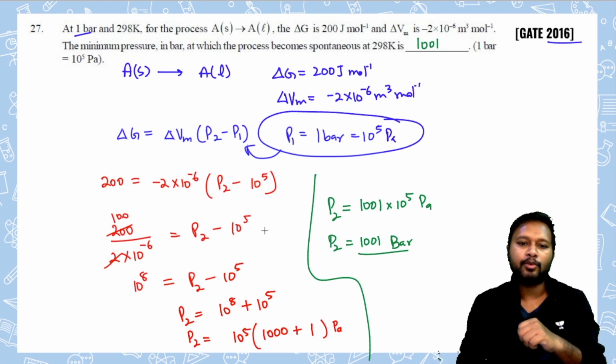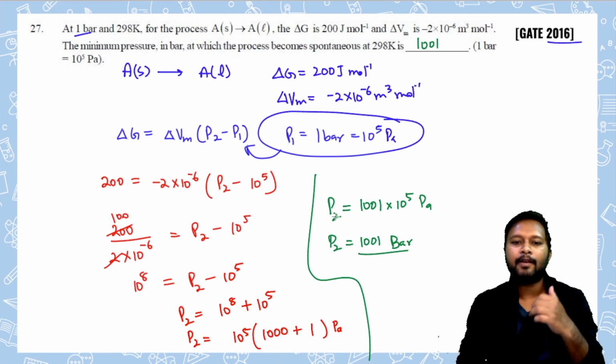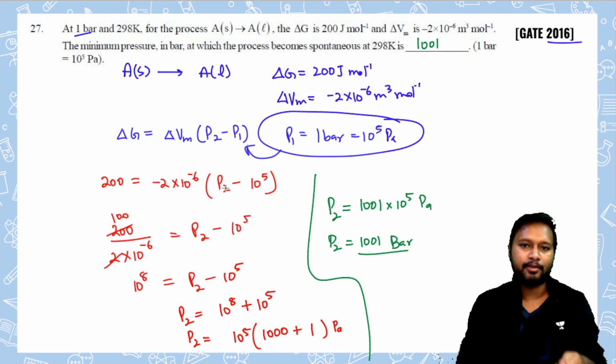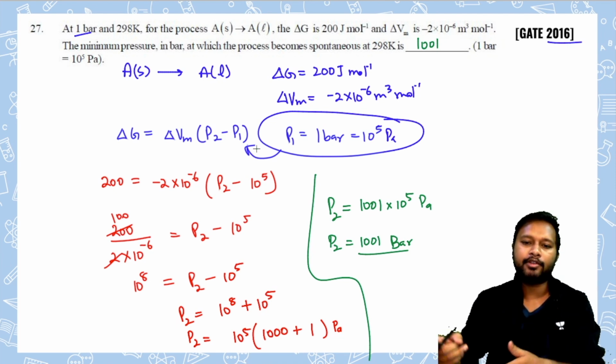The reason is, when you are putting your volume delta V in meter cube per mole, and your delta G is in joules, at that time, because this particular thing is calculated from the ideal gas equation, it is necessary that the pressure has to be in pascals. So pressure has to be in pascal in this particular equation. That's why first we converted to pascal. After doing every calculation, we converted back into bar. So that's why we have done this calculation like that.